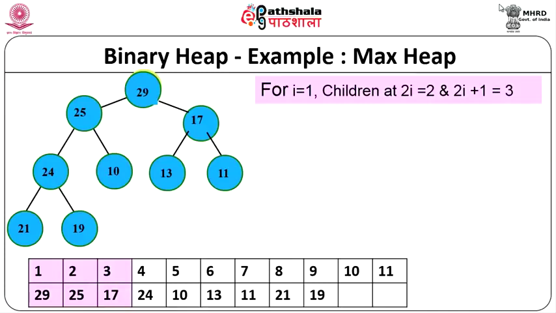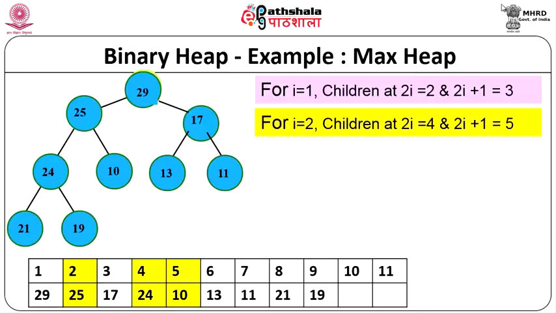What will be the children? The children will be at 4 and 5, that is 2i is 2 into 2 and 2i plus 1 is 4 plus 1, 5. Now, if you take 3, the children of 3 will be placed at 2i which is 6 and 2i plus 1 which is 7. So, that is what we are showing here.